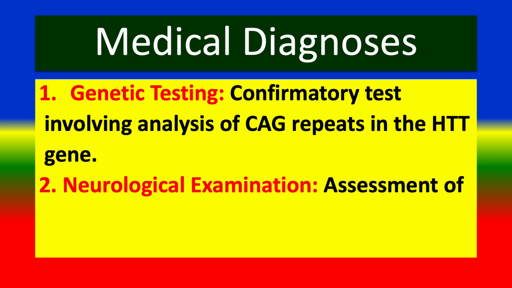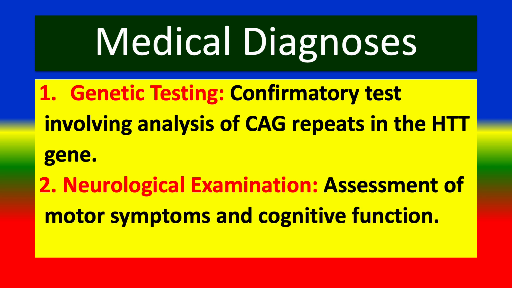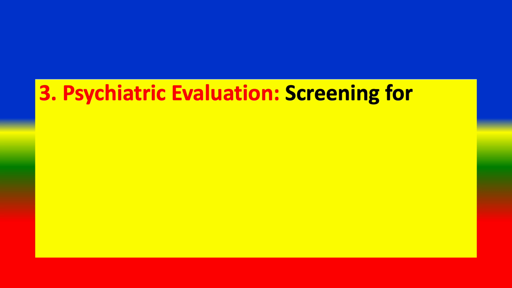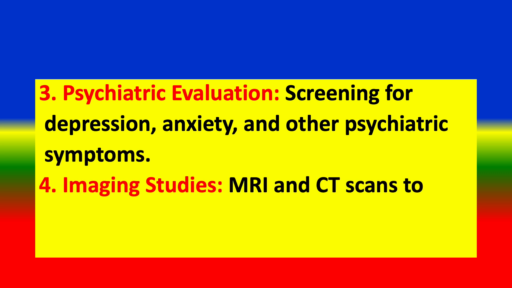Second, neurological examination: assessment of motor symptoms and cognitive function. 3. Psychiatric evaluation: screening for depression, anxiety, and other psychiatric symptoms. 4. Imaging studies: MRI, CT scan, to assess brain atrophy.